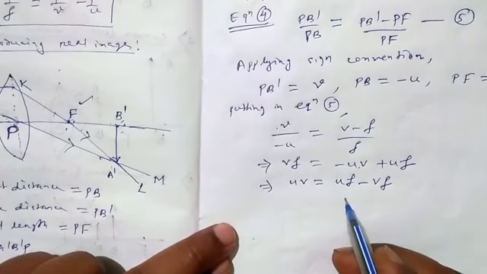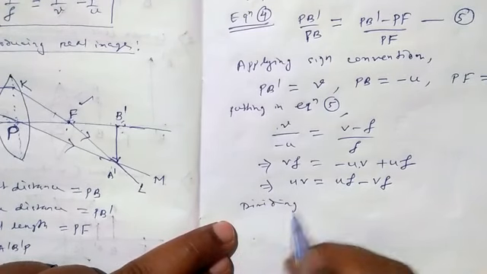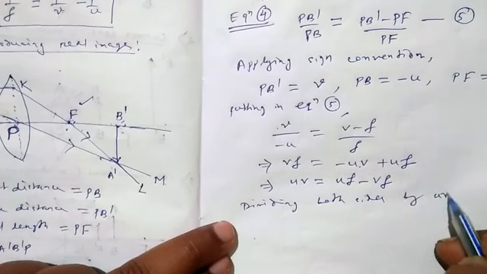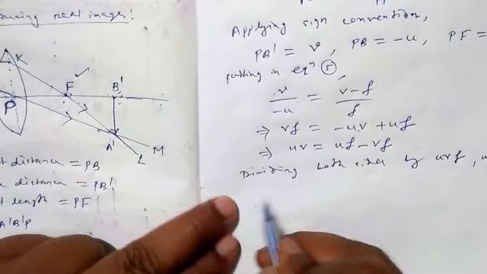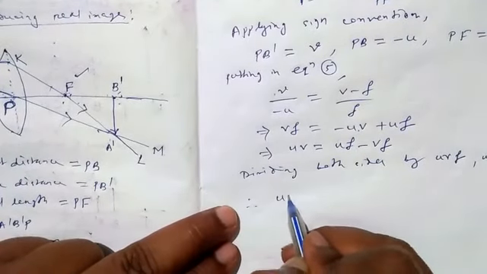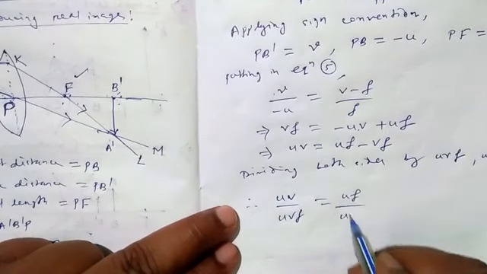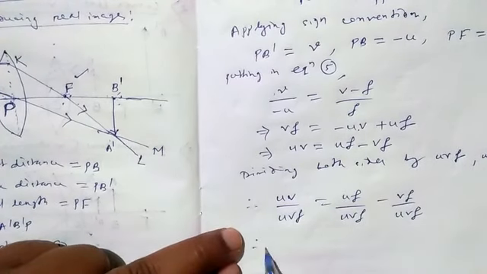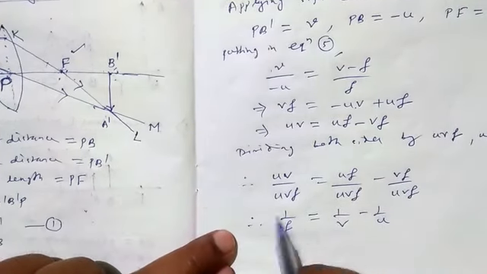Dividing both sides by uvf, we get uv by uvf is equal to uf by uvf minus vf by uvf. So 1 by f is equal to 1 by v minus 1 by u.